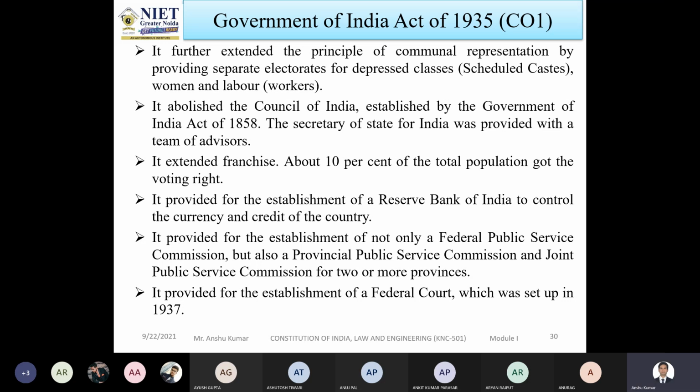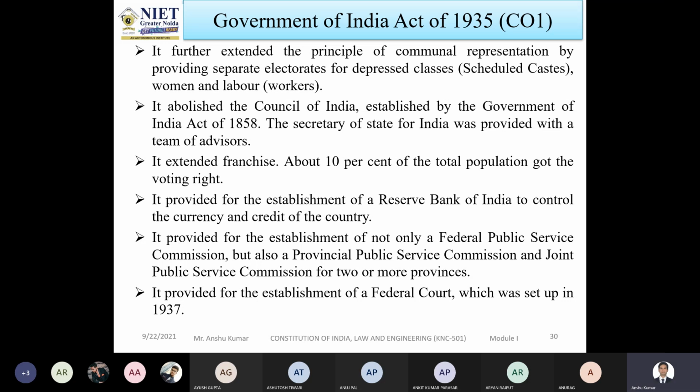It extended the franchise: about 10% of the total population got the right to vote. Always remember this. And it provided for the establishment of the Reserve Bank of India, which was established after the enactment of this act.